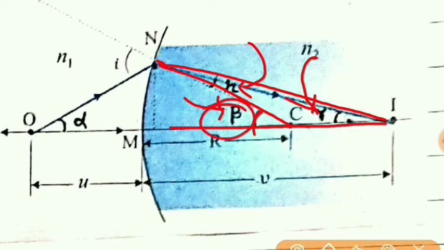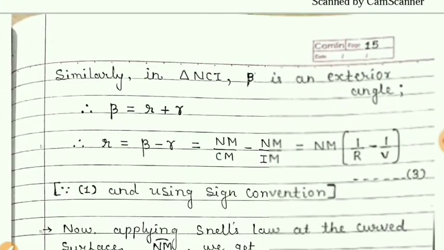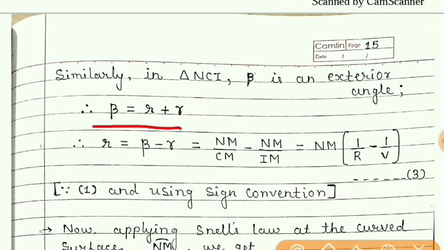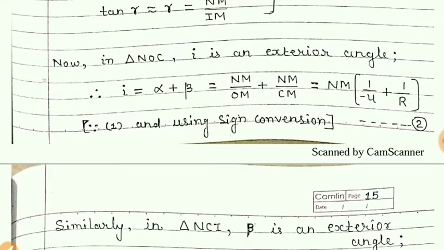So beta is equal to r plus gamma, and so I have written here beta is equal to r plus gamma. Making r the subject, we will get r is equal to beta minus gamma, and putting the values of beta and gamma in terms of the ratios of the sides.